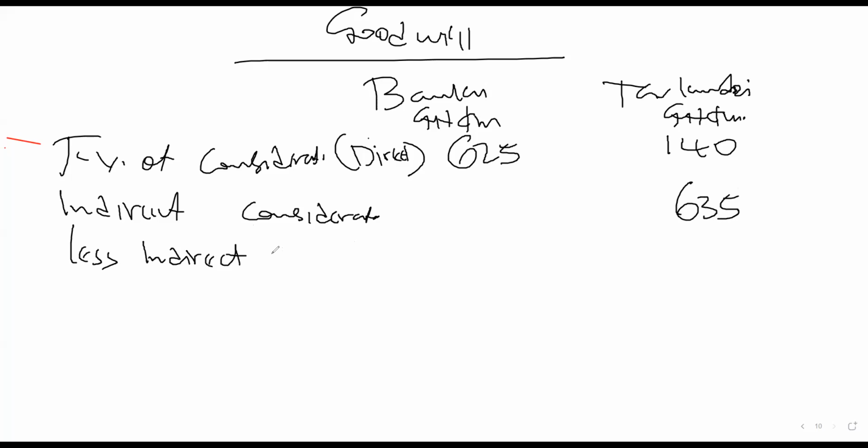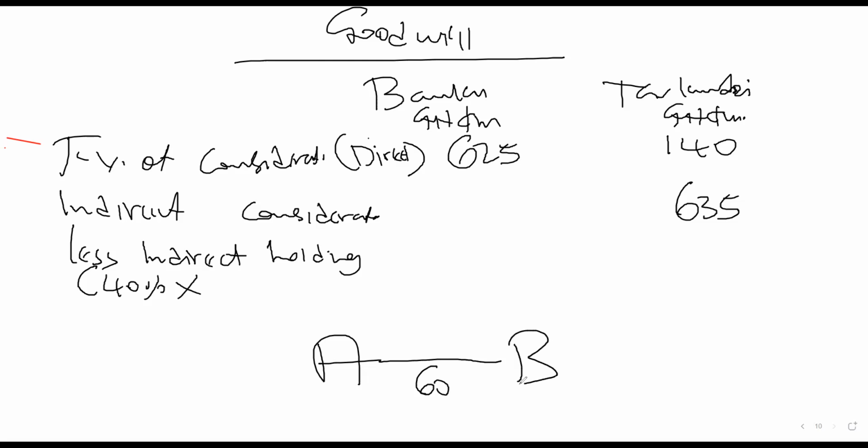Indirect holding adjustment. Just take 40% of the same figure. Why the 40%? The NCI of Boko. Let me explain things to you. Accra owns 60% of Boko. And now Boko has paid 635.